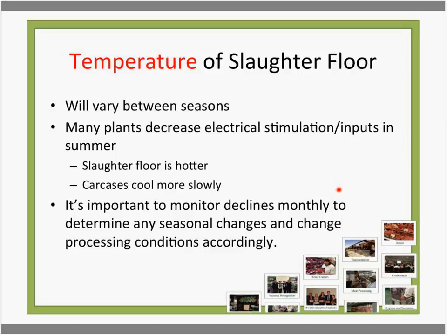If it's cooler on the floor, you can end up with a slower decline. So some plants may choose to decrease the amount of electrical stimulation they use during summer to counteract that seasonality in temperature. Again, that's another reason for us to do more monitoring of the decline to ensure that you're taking into account that seasonality.